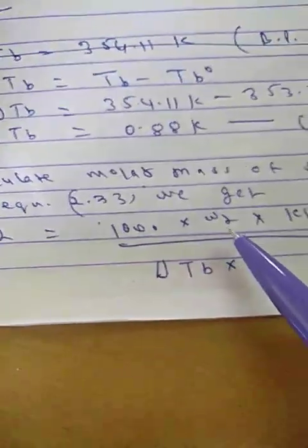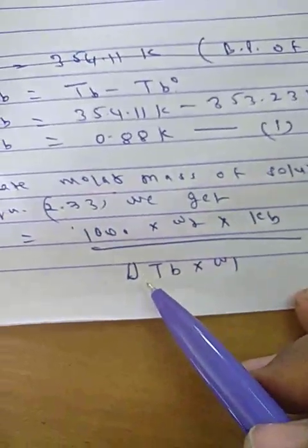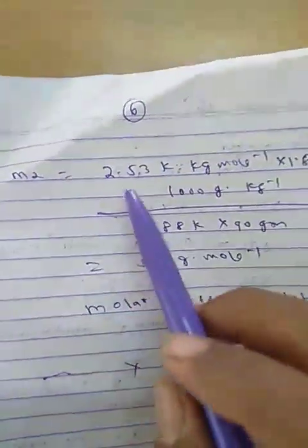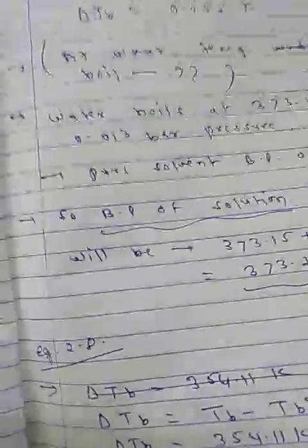Now we have to derive M2. So putting the values in the equation, M2 is equal to 1000 into W2 into Kb upon delta Tb into W1. This is equation 2.33, putting the values from the given data.